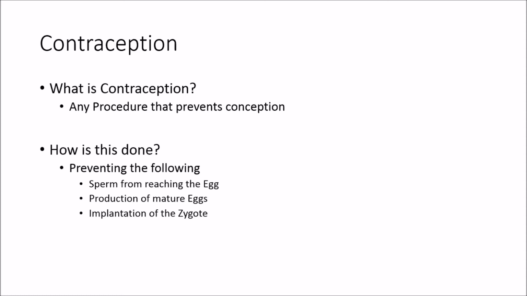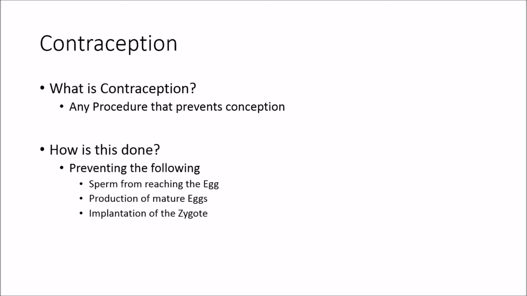Now, if you remember when we talked about the menstrual cycle and ovulation, you should recall that ovulation occurs 2 weeks after menstruation. Remember, menstruation is just another word for period. Approximately 2 weeks after the first day of bleeding, ovulation will occur.